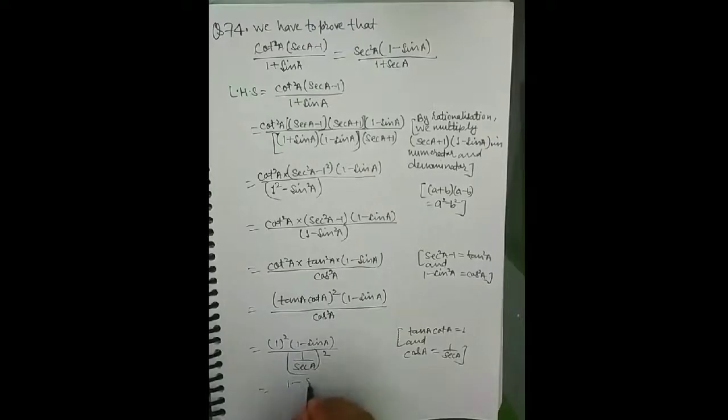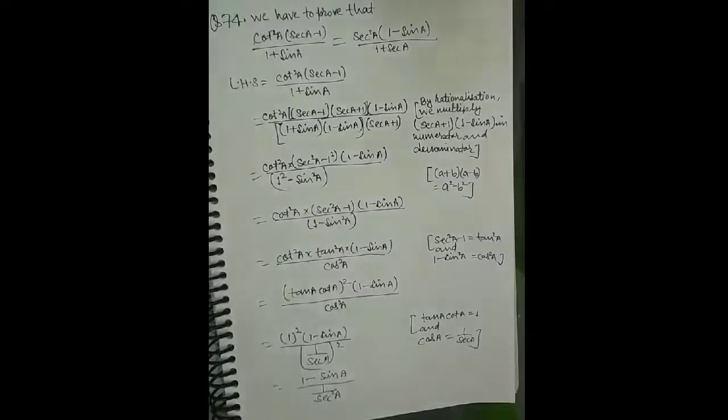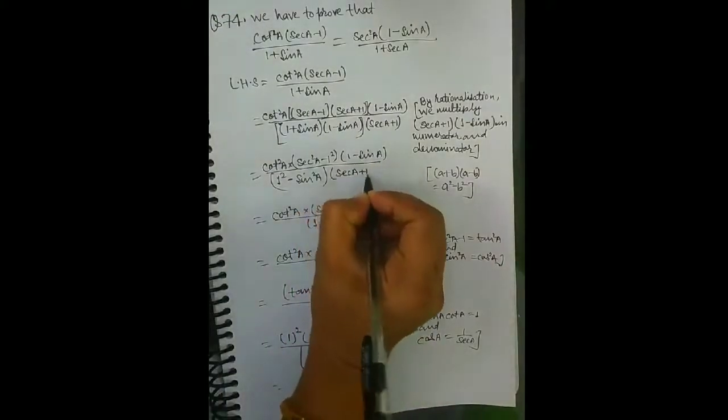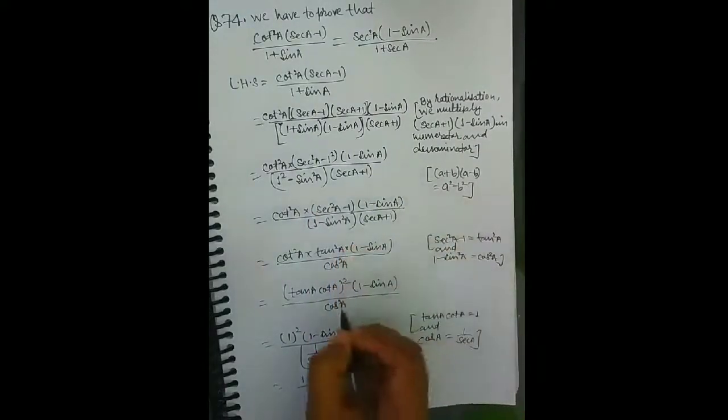So we can write 1 minus sin a upon 1 upon sec square a.